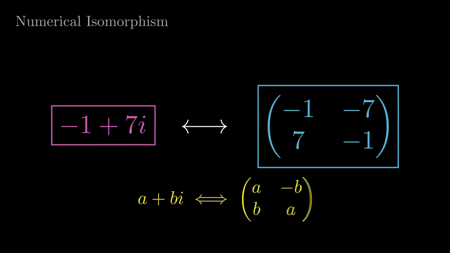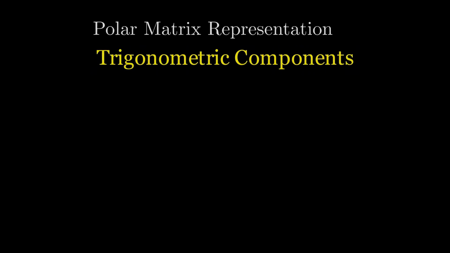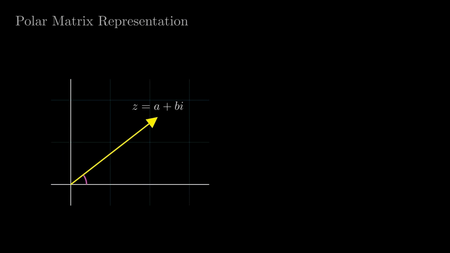This is the key checkpoint. Complex multiplication and matrix multiplication are giving the exact same structure. Now we convert the matrix form into polar form. Start with z equals a plus bi, and write its components using trigonometry: a equals r cosine theta, and b equals r sine theta.